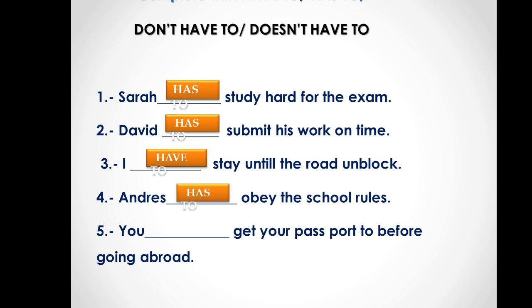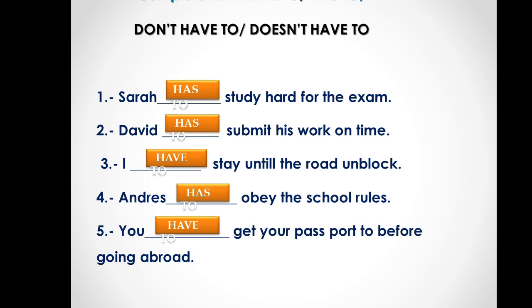Alright? So some external factor that pushes you to do something, you have to use have to. Once again, must is for an internal obligation. It comes from you, your own self.